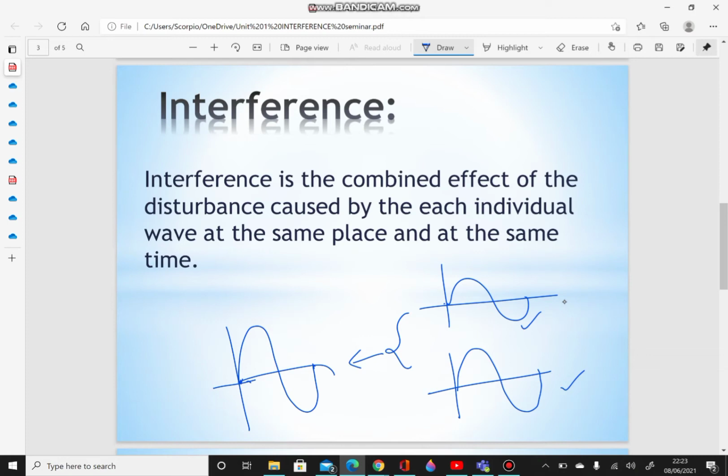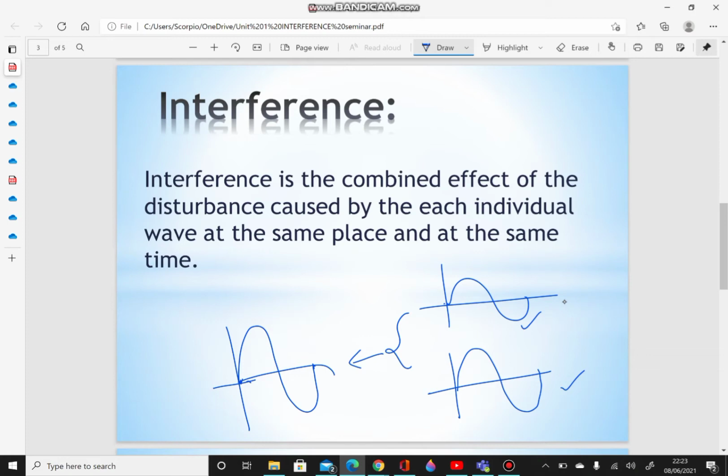Let's understand interference more clearly through a visual representation of Young's double slit experiment. As we know, in Young's double slit experiment, straight wave fronts are passed through two slits. Because of those, two separate wave fronts from different sources are formed and undergo interference.